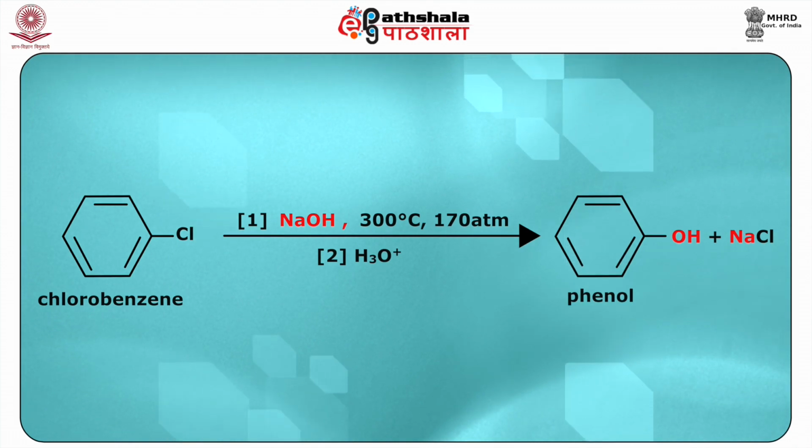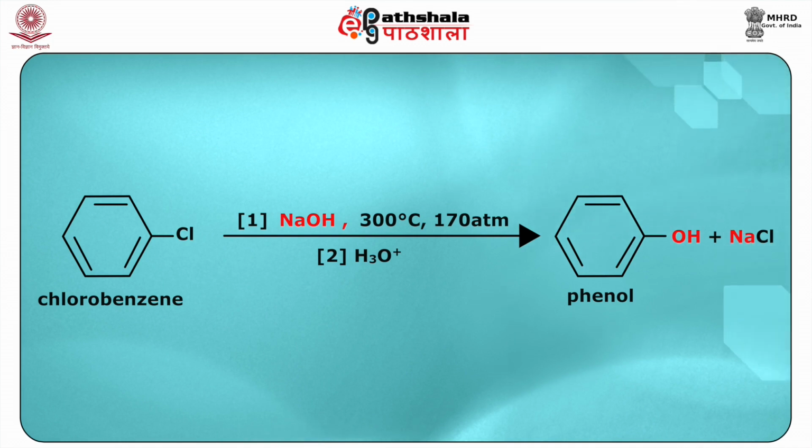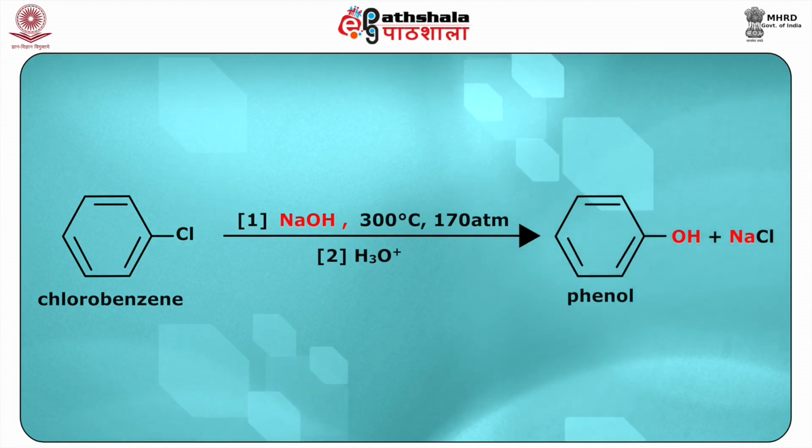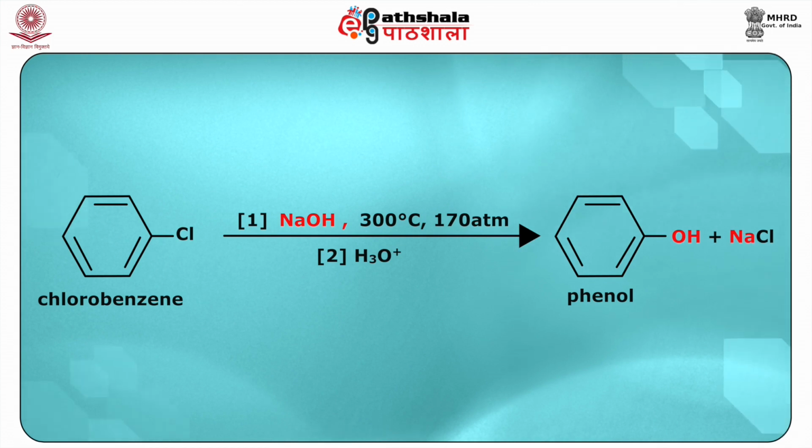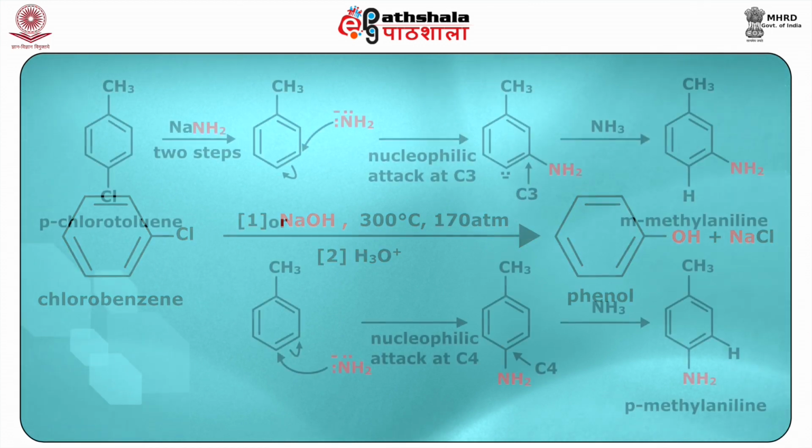Now, the reaction is given here to you as well as the reaction conditions, and you can perceive how harsh the conditions are to actually carry out the nucleophilic aromatic substitution for the conversion of chlorobenzene into phenol.